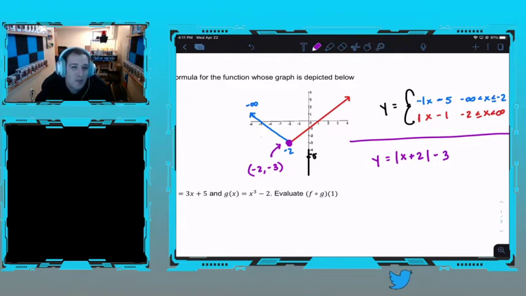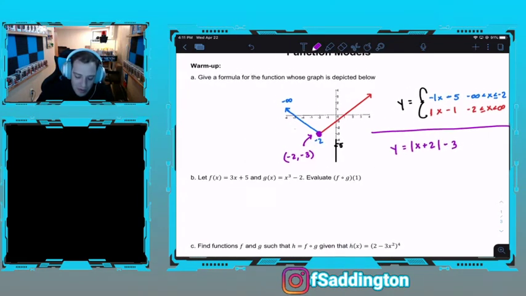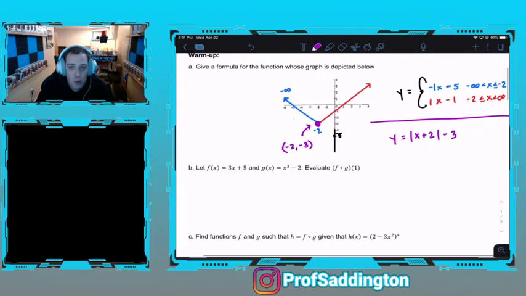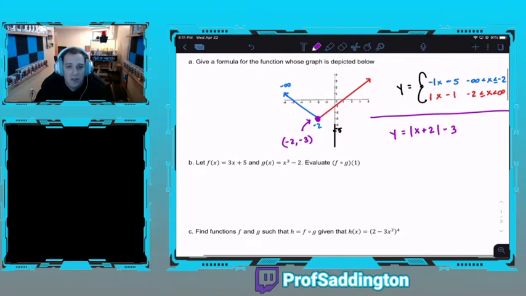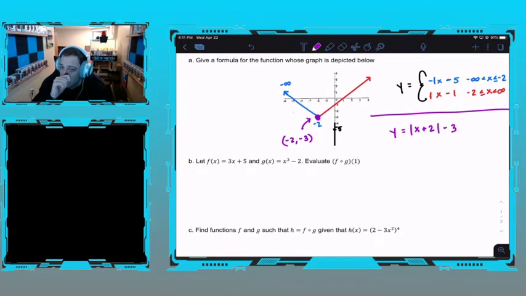Doing the absolute value, we probably haven't done that since the beginning of the year. I would prefer if you are focusing on the top one, but some of you may have recognized it's absolute value, so I wanted to show the second way as well. Both those equations would give you the same result.